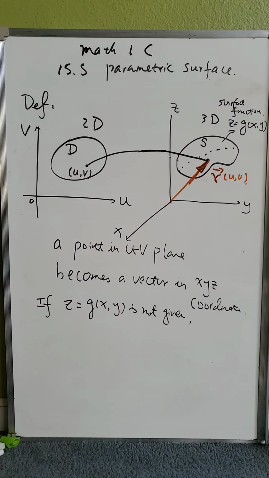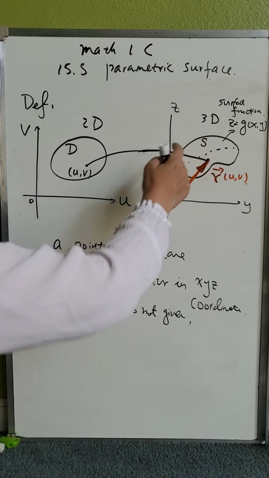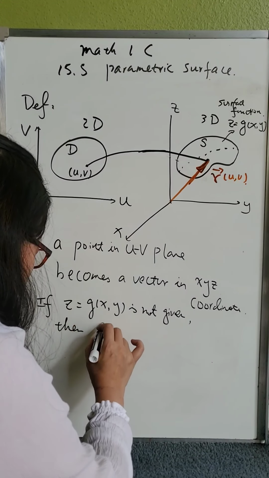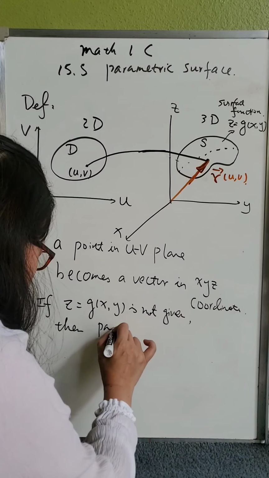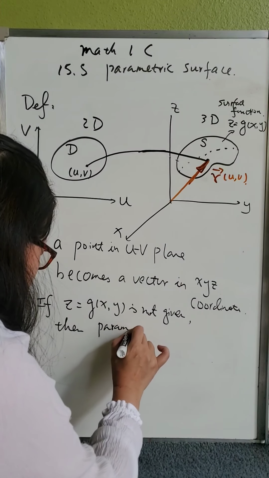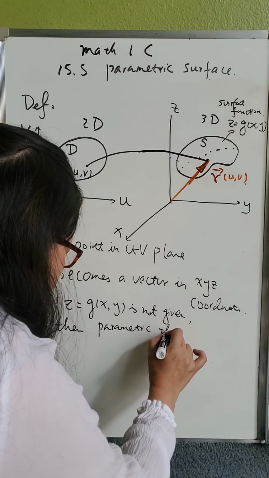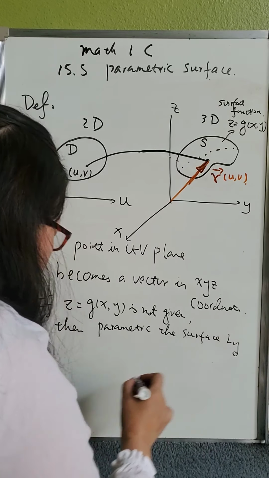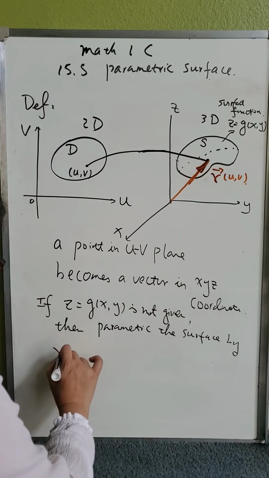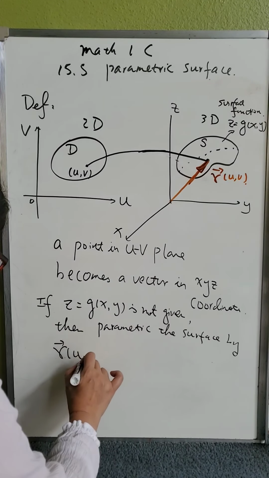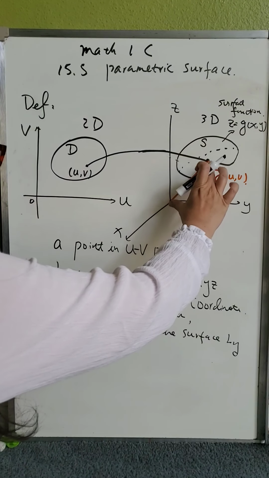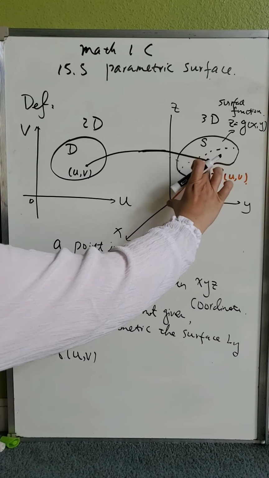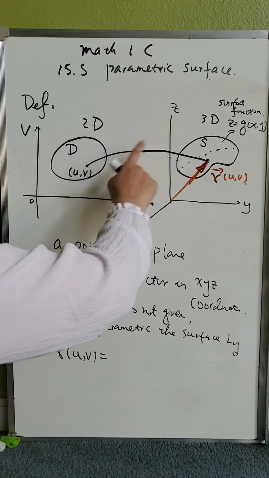If it's not given to you, then you need to parameterize the surface by using this r(u, v), okay, because your point becomes a vector now.